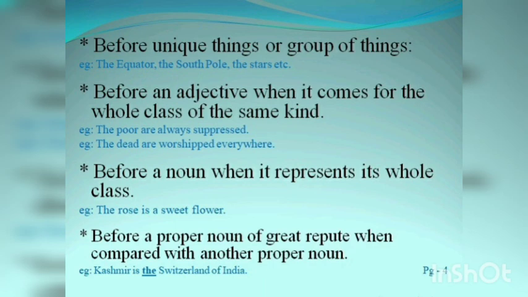And Switzerland is a proper noun of great repute, and Kashmir is being compared to it. So when a proper noun of great repute is thus compared to another proper noun, we use 'the' before the proper noun of great repute. So 'the' before the proper noun of great repute: the Switzerland.